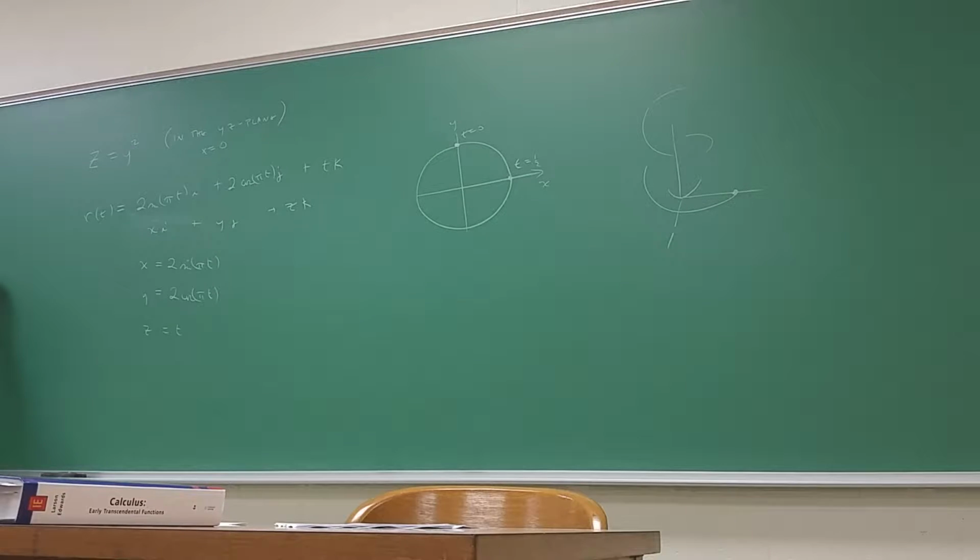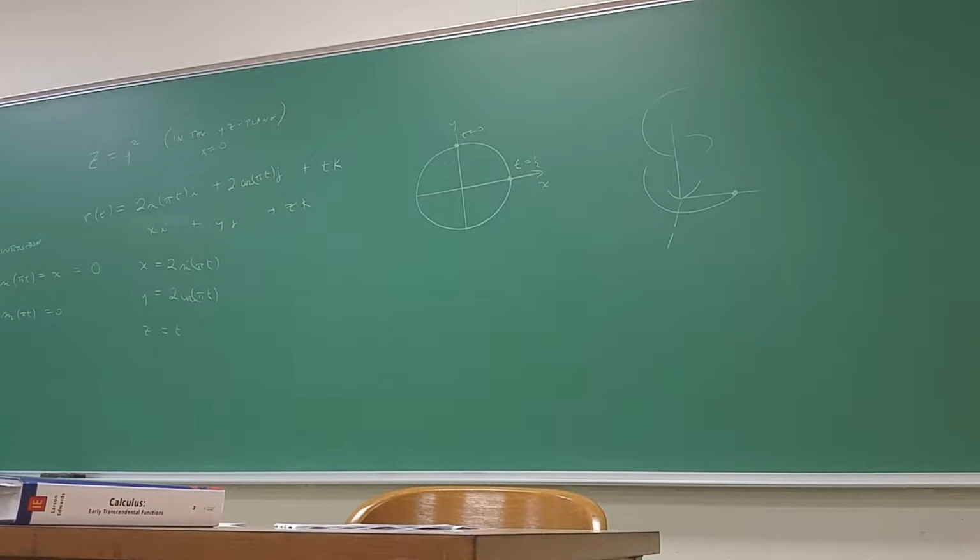So 2 sine pi t equals x, but that also equals 0. So this is for the intersection. What that says is, I divide by 2, and our sine is 0.